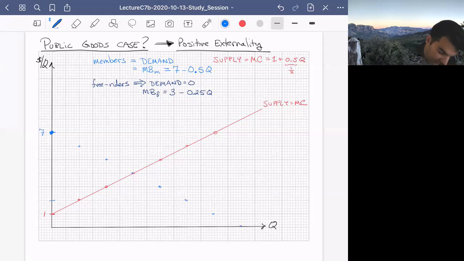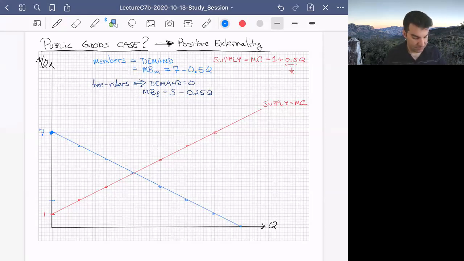So I get a curve that is going to look like this one. This here is the demand curve, which happens to be equal to the marginal benefit for the members.